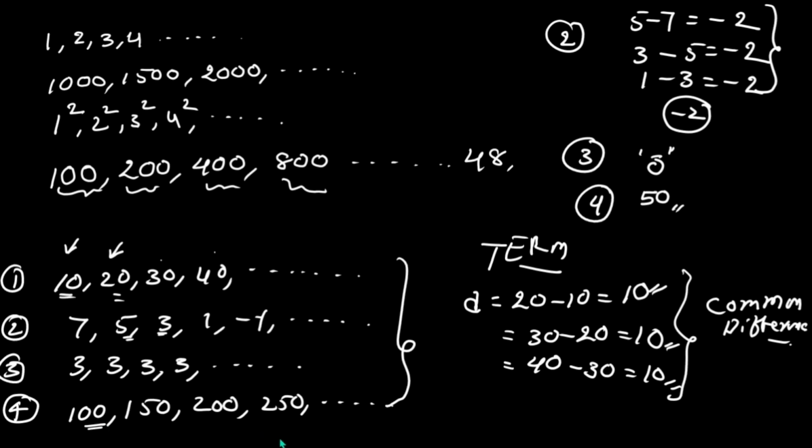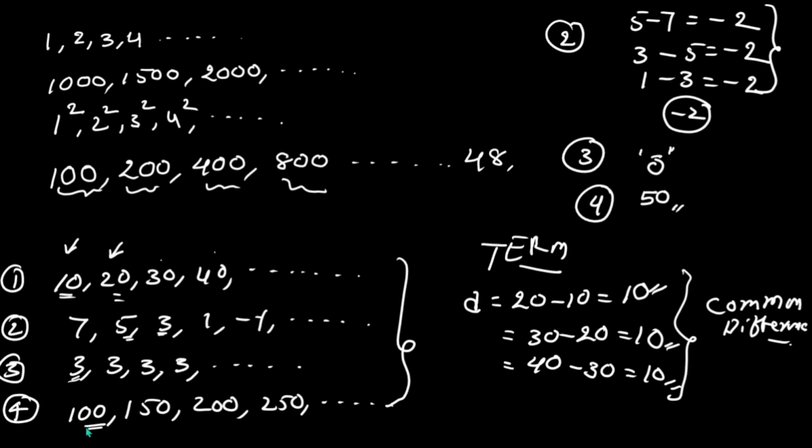This is called the arithmetic progression. If you have a fixed number that you are adding to the preceding number, then we call it an arithmetic progression, except for the first term. The first term does not have a preceding number.